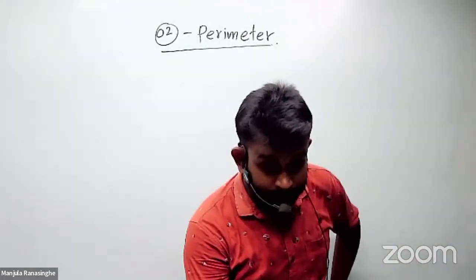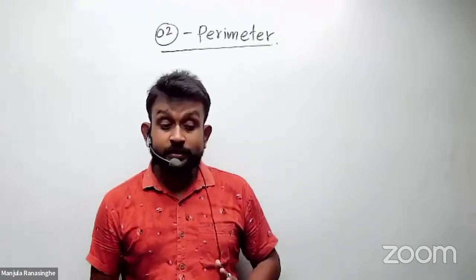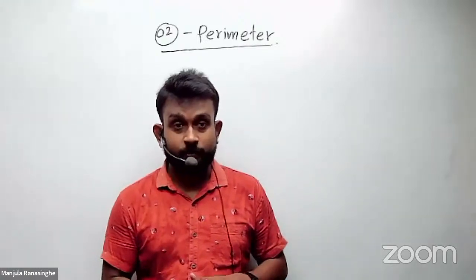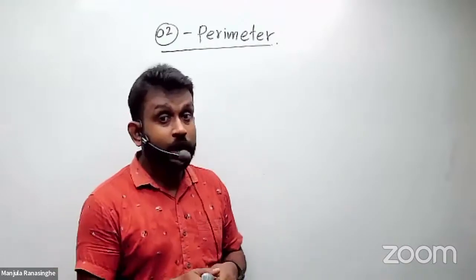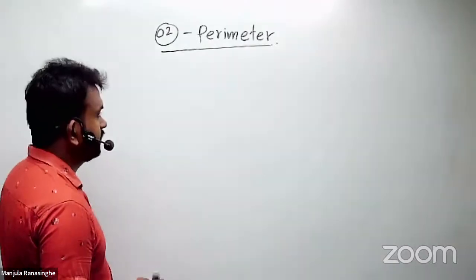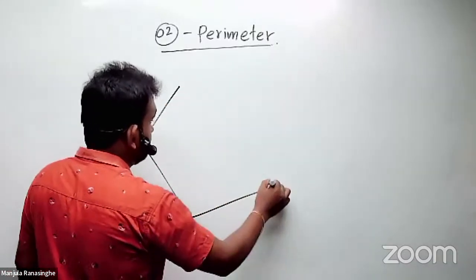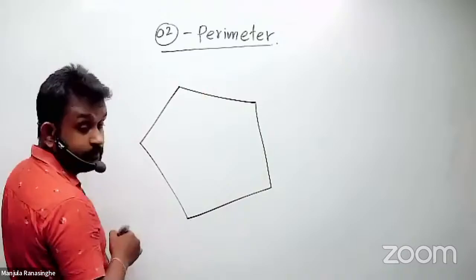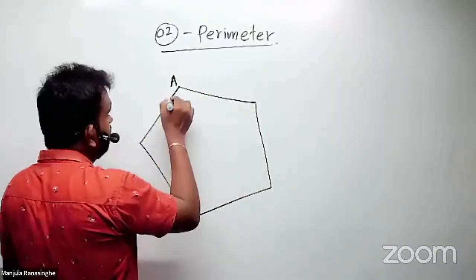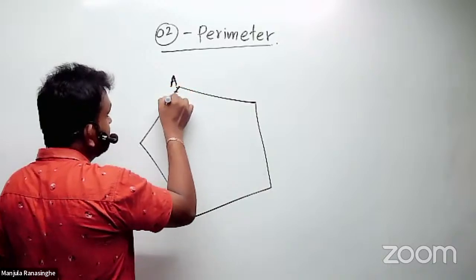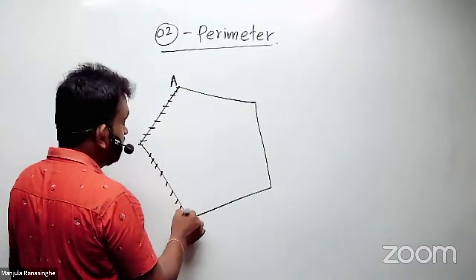Right. So first we will identify the concept of perimeter. Perimeter means the sum of all the outer length. If we have a plane figure like this, the perimeter means the sum of all the external length of a closed plane figure.